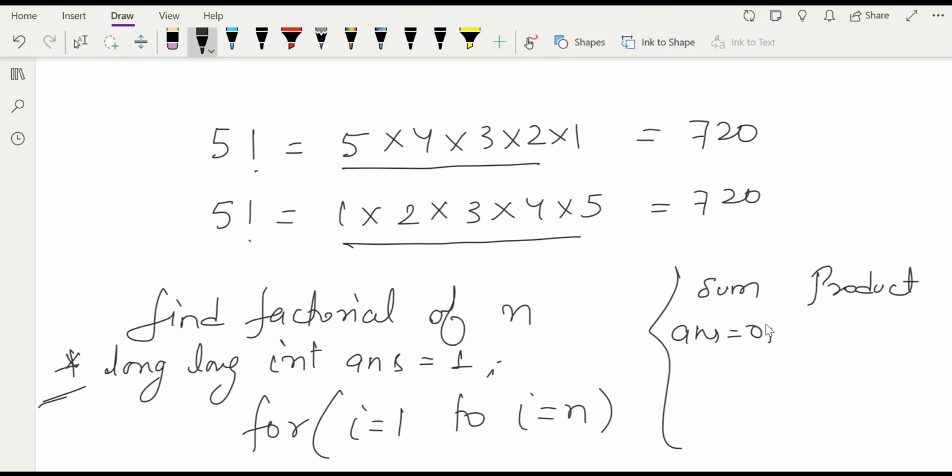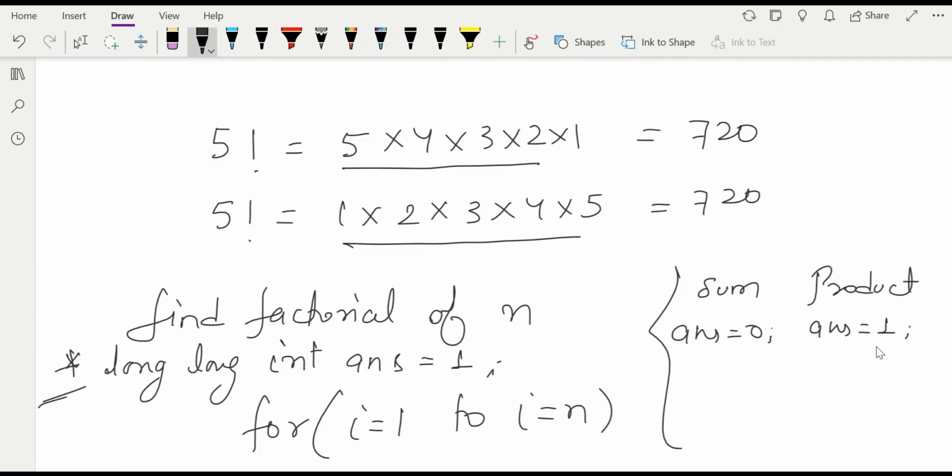But whenever you are finding a product or multiplication, you initialize the variable with the initial value of 1. Why? Because in addition, 0 added to any other number equals that number, like 0 plus 5 is 5. And for the product part you consider the initial value 1.